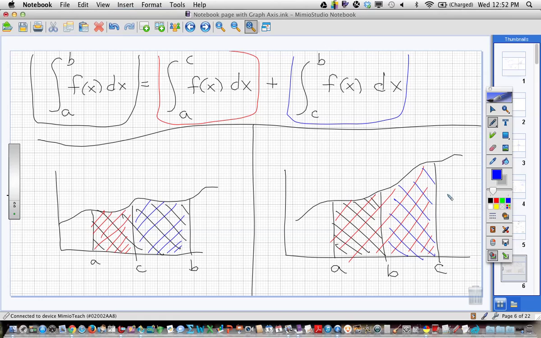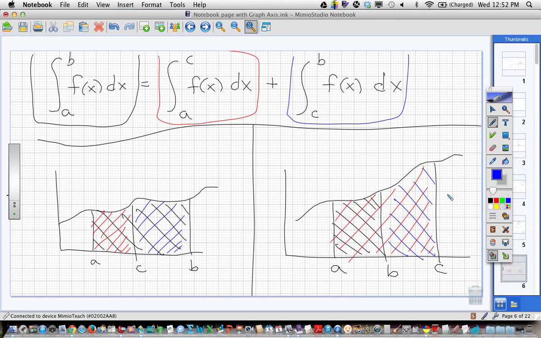Now some of you probably see this already, what's going on, but think about this. If you take the red area, which is from A to B, or excuse me, A to C, and that'd be positive. And then what do you notice when you do the area from C to B? It's backwards, isn't it? Because the way this is written is it goes from C to B, but if you look at this, C to B is going right to left. We said that's opposite.